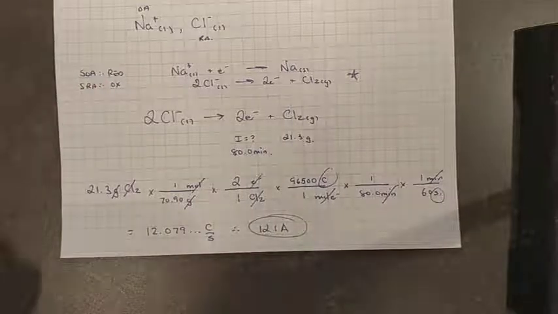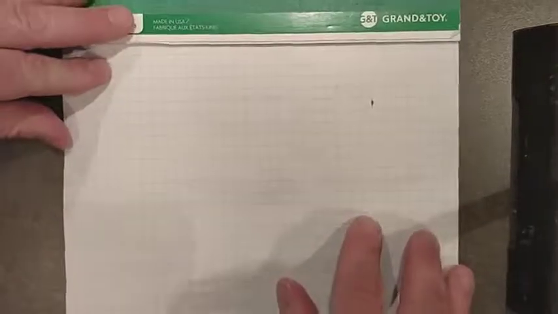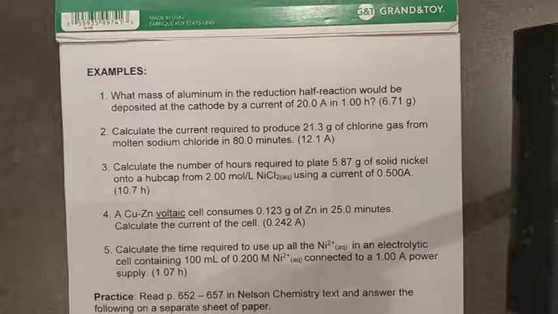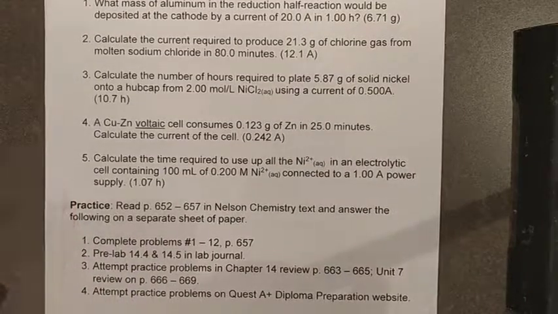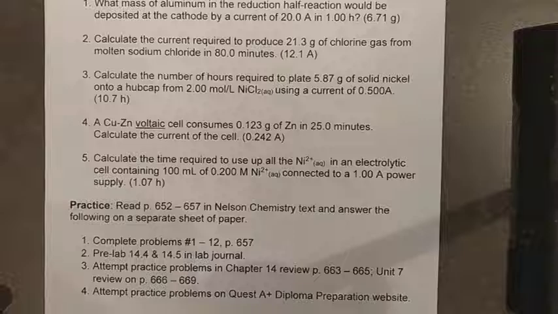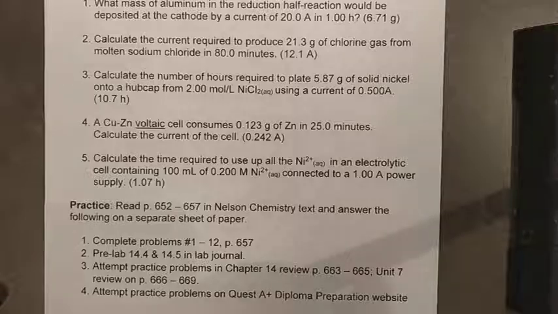Not too bad. Let's move on to example number 3. It's more of the same. We just have to figure out what our half reaction is and then apply our information. In this one, it says calculate the number of hours it would require to plate 5.87 grams of solid nickel onto a hubcap from a 2 mole per liter nickel 2 chloride solution using a current of 0.500 amps.